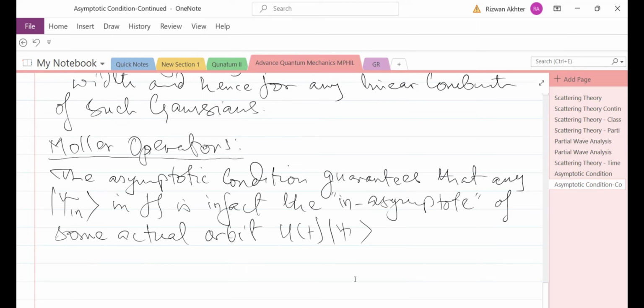Additionally, it also says, from the proof, that the actual state, that is the actual orbit psi of the system at time t equals 0, is in fact linearly related to the in asymptote, or it is linearly related to the out asymptote.